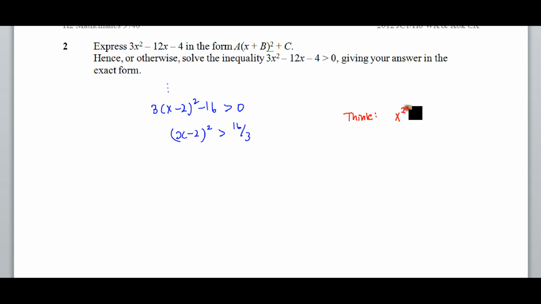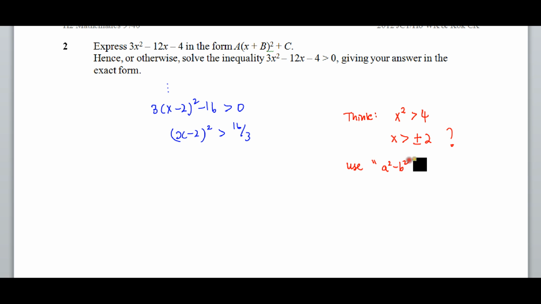If x squared greater than 4, can you say x greater than plus minus 2? Go and put some values inside and you will know that it's not correct. The way to do it is never take square root, never square both sides unless you are terribly sure, for inequalities. So you've got to make use of this result.